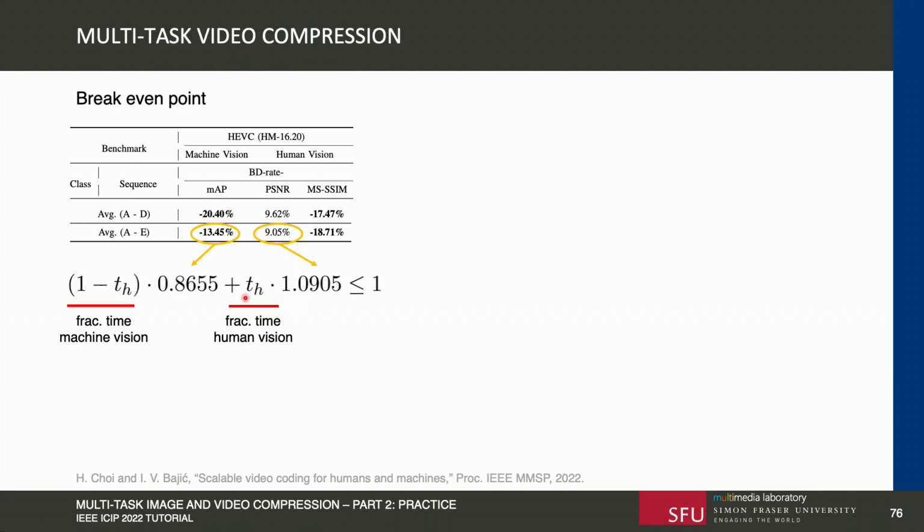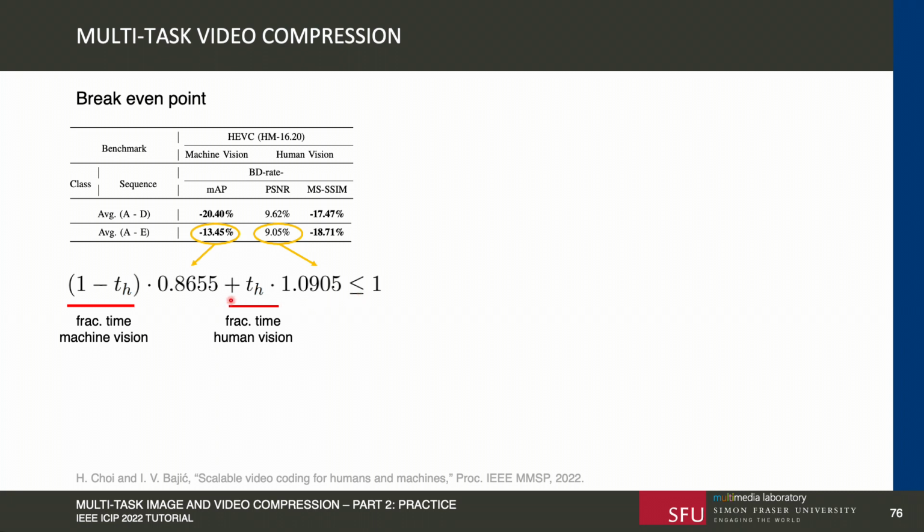And so that corresponds to this term in the equation where T sub h is the fraction of time that human viewing is needed. Whereas when machine vision is needed, there are about 13.5% bit gains, and so that corresponds to this term here in the equation.